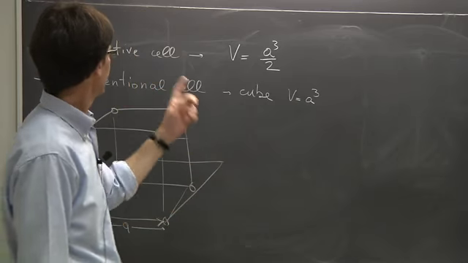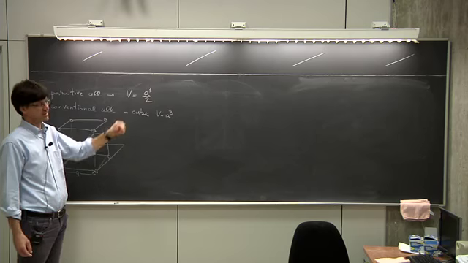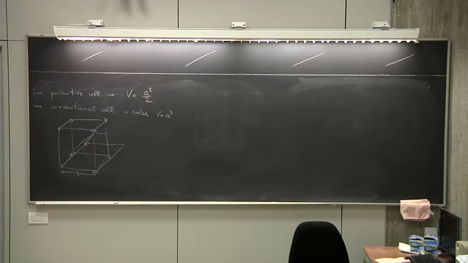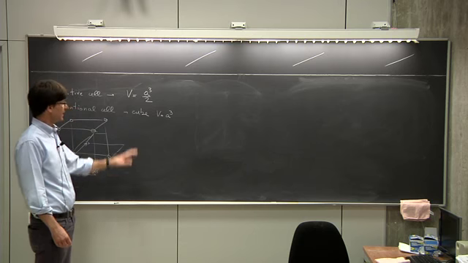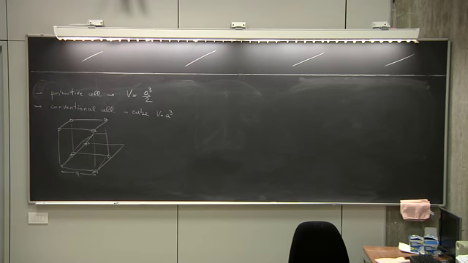And the primitive cell in the case of the FCC would be A cubed over 4, because there are 4 points in the unit cell. So if you assume that each one is a point of a Bravais lattice, then you have to divide the unit cell by 4. And the shape of the unit cell is actually quite complicated.